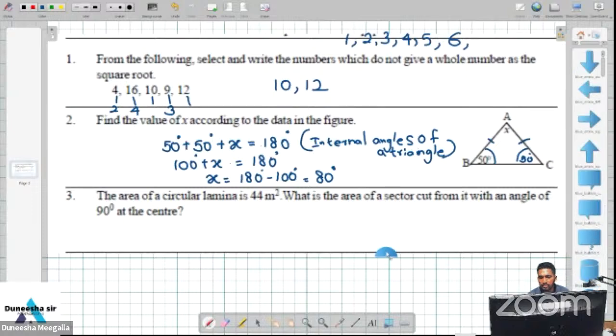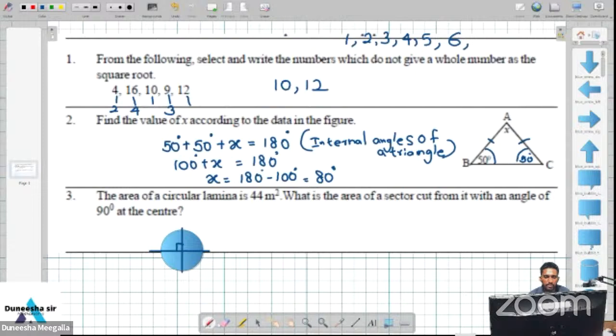There is a circular lamina. Then it's cut into 4 parts, because of 90 degrees. Then one part equals how much?